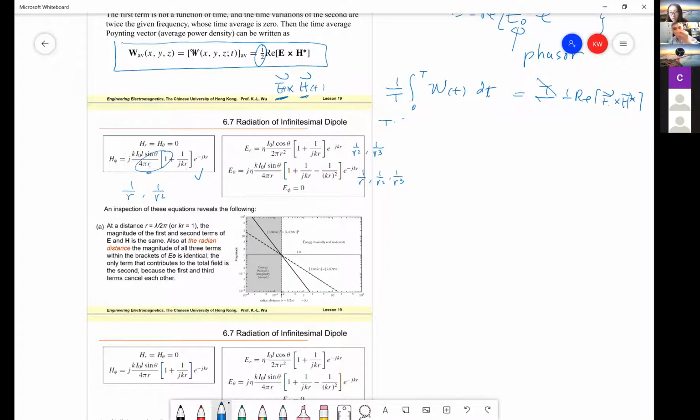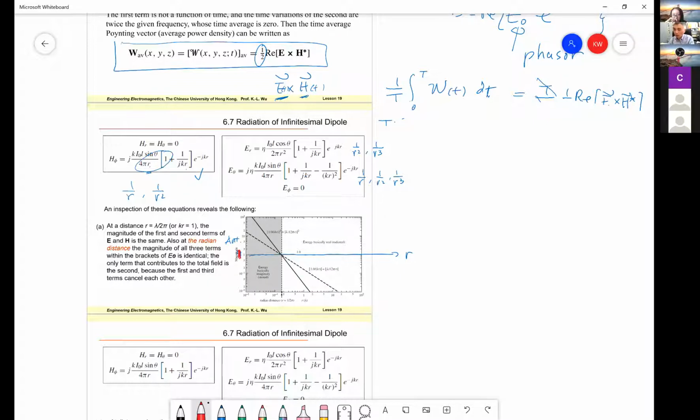Our observation point is at distance R from the antenna, which is located here. This is the antenna, a very small antenna, right?